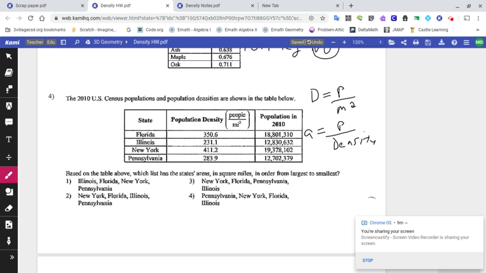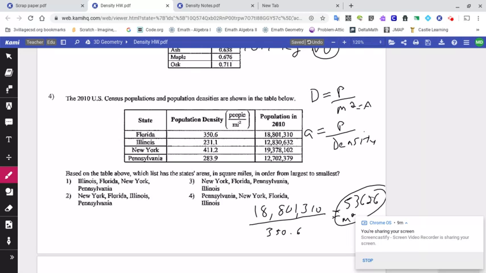So I'm going to take the population, 18,801,310, and divide that by 350.6, and that's going to give me 53,626. That's going to be the area, in square miles.